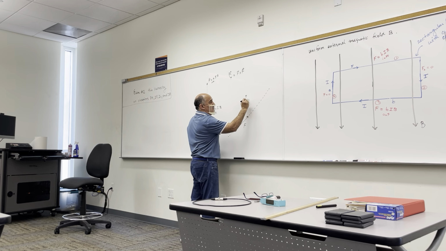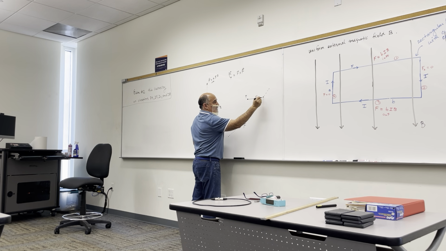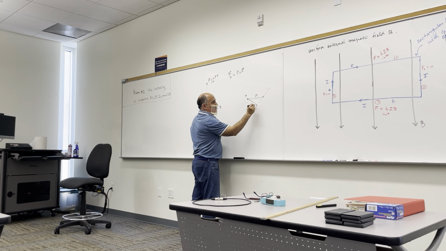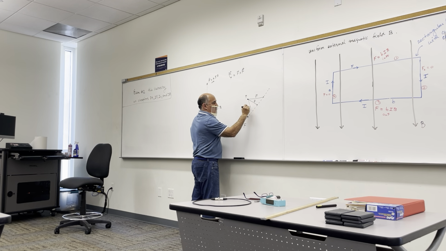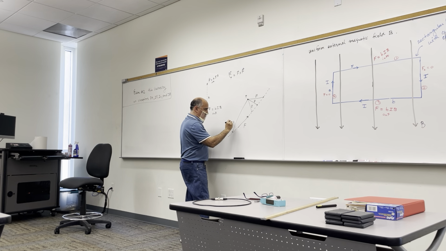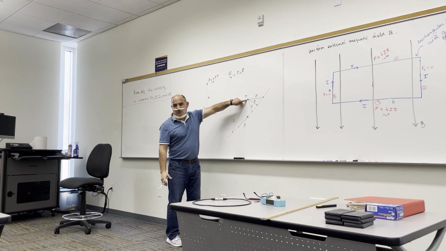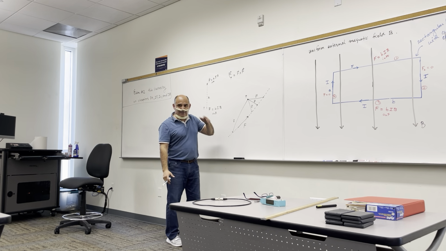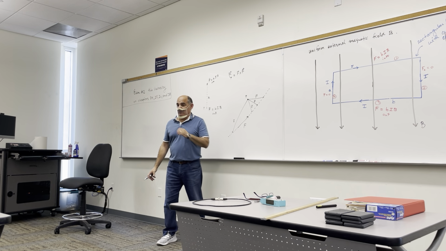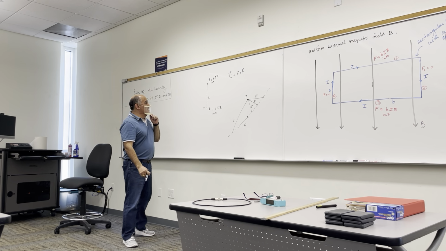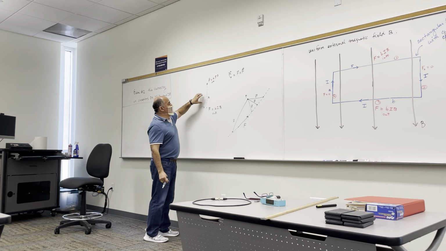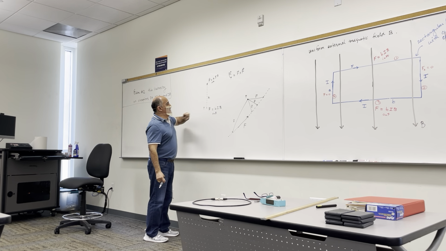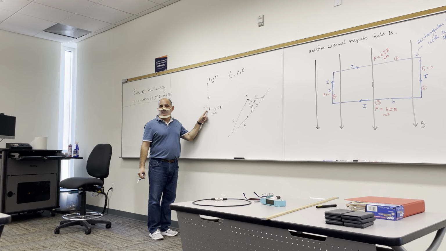So R could be this, it's got an end over there, or R could be this, R could be this. It's going to start at the point that you're taking torques about, and it's going to end anywhere on the line of action. So I want the torque of these two forces about, let's say, point P. What would be the torque of the force at the bottom about point P?